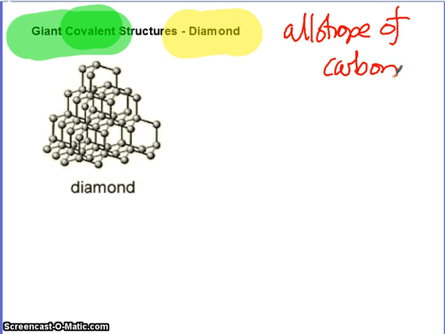Every atom within diamond, and here's a diagram to show it, is carbon. It's quite a complicated diagram. So if I just pick one atom here, and I'm going to use the black pen for this, you can see, hopefully, that we've got one bond, two bonds, three bonds, and then a fourth bond coming out.